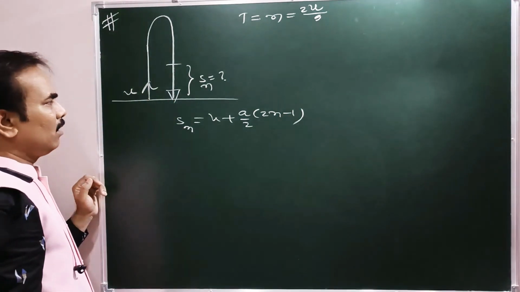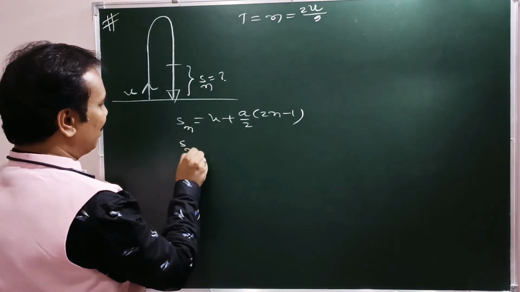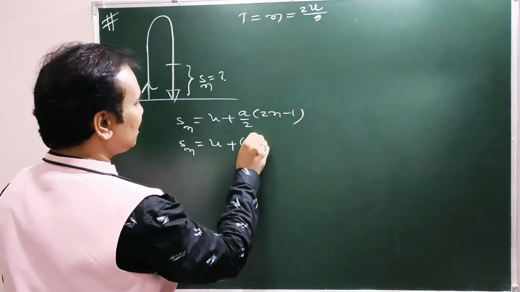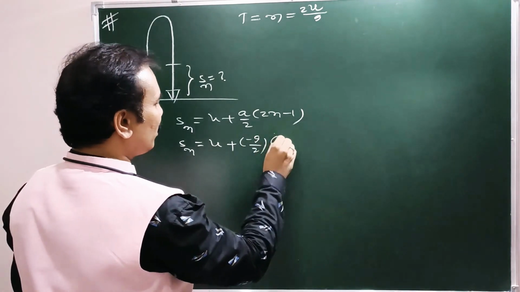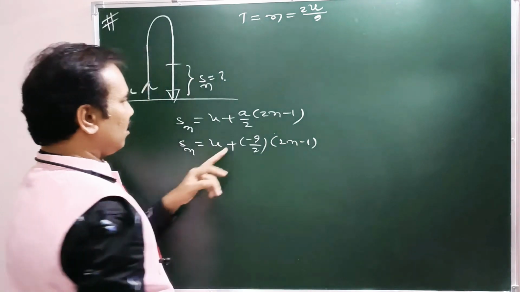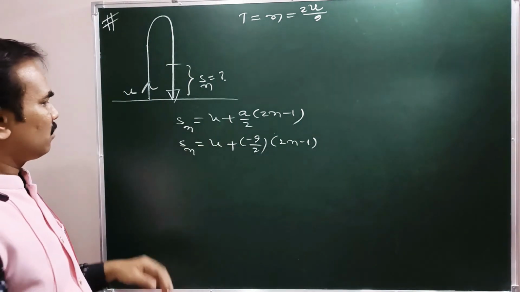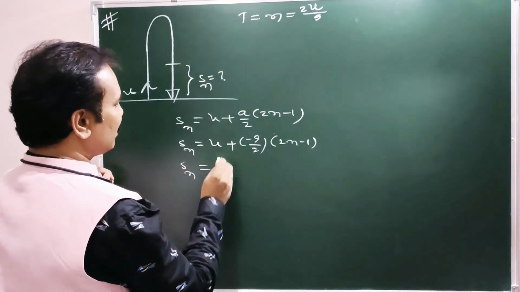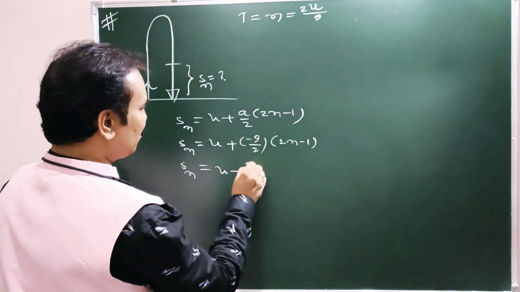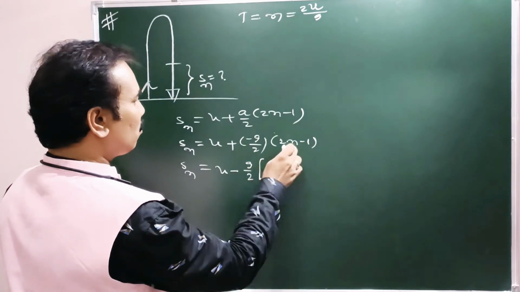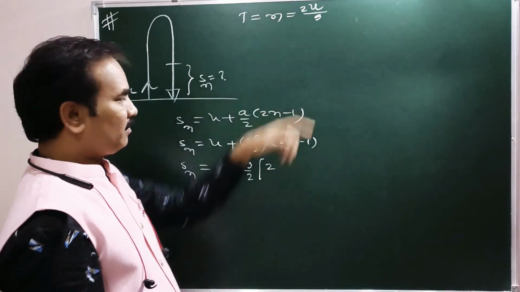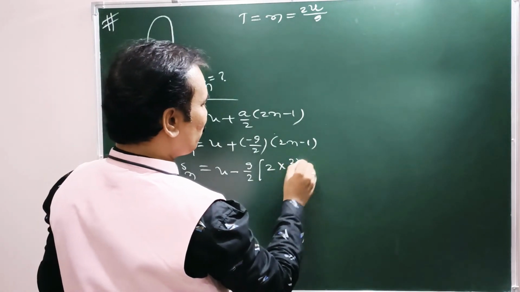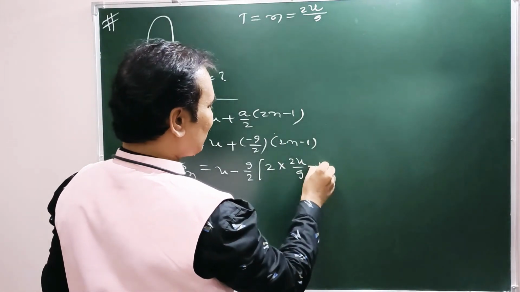Here u is positive and a is minus g, because g is always downwards. So Sn equals u minus g by 2 into 2n minus 1. Replacing n by 2u by g, 2 into n means 2u by g, minus 1.